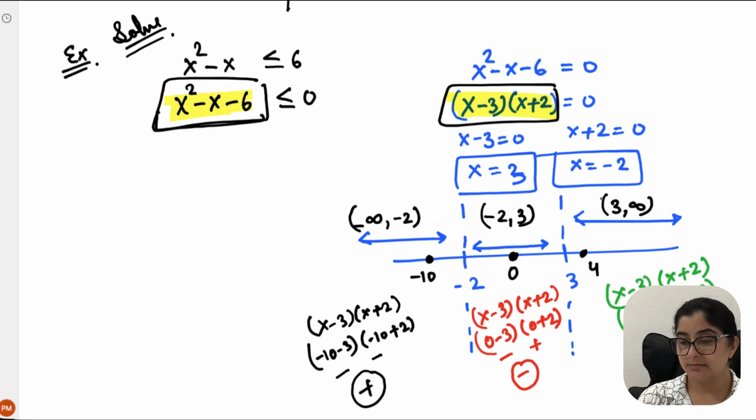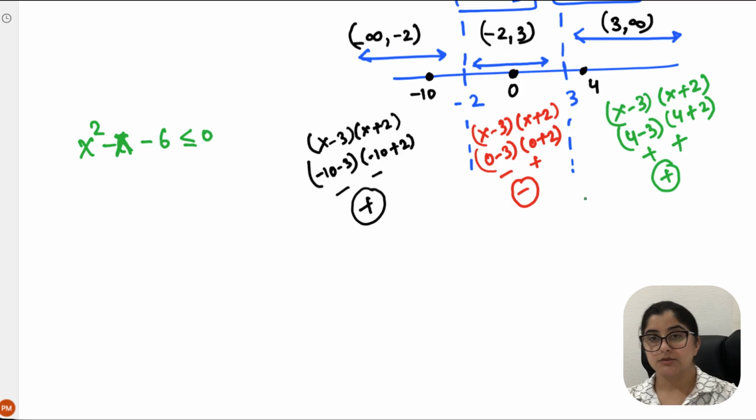So what was our question? Find the x values such that this expression is less than or equal to 0. x squared minus x minus 6 is less than or equal to 0.